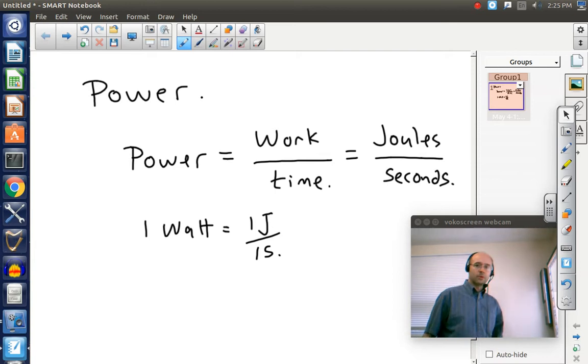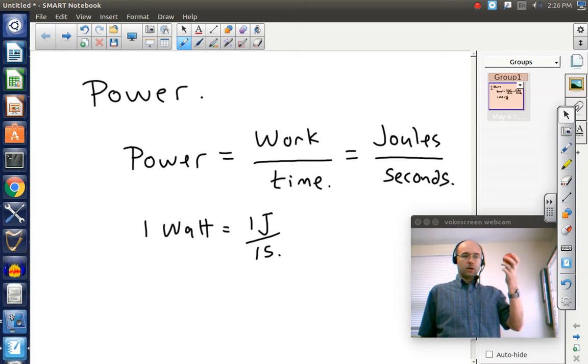If I accomplish 1 joule of work, that's about equivalent to me lifting this apple 1 meter, or a little more than a yard. This is 100 grams roughly, or a quarter pound.